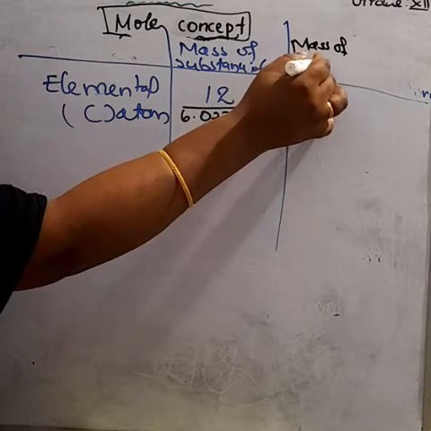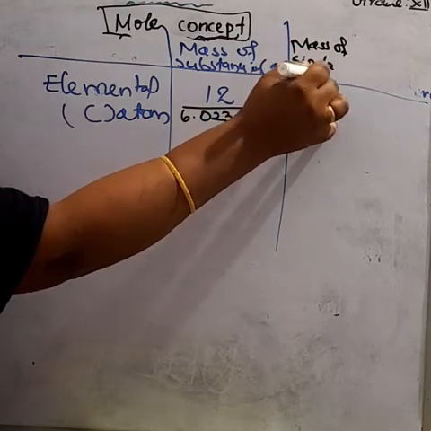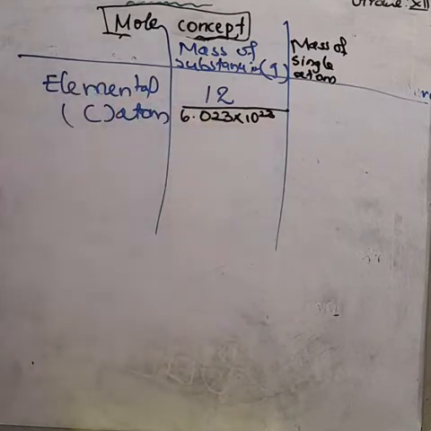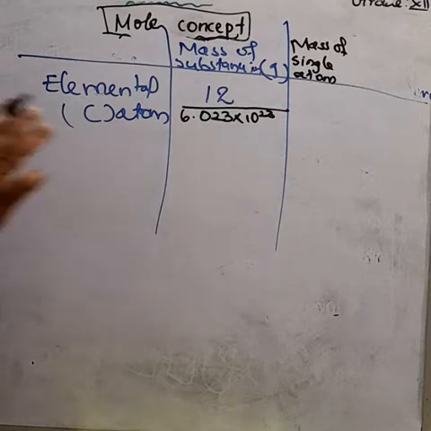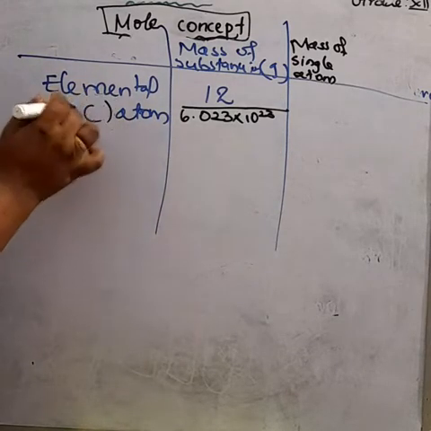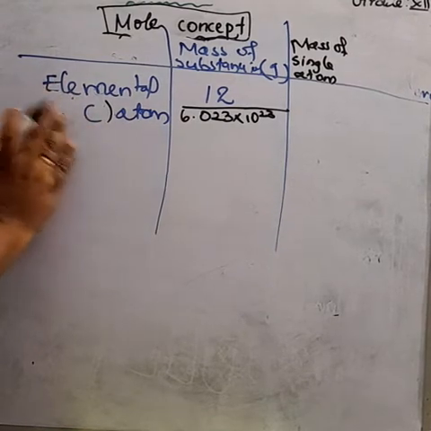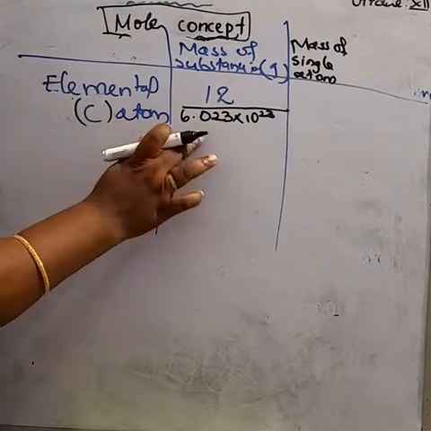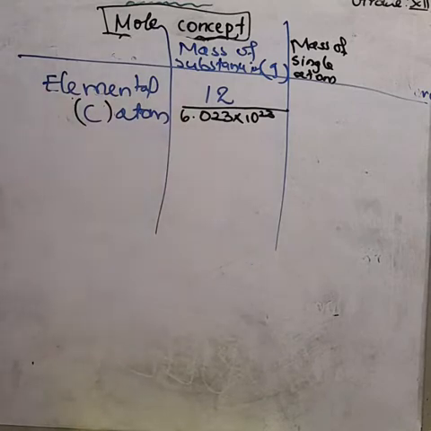Understood? So we are taking 12 gram of carbon 12. We know this 12 gram carbon means 1 mole of carbon, and 1 mole carbon has 6.023 into 10 power 23 atoms in 12 gram carbon. How can we understand that? We should calculate the mass of the single atom present in the 12 gram.